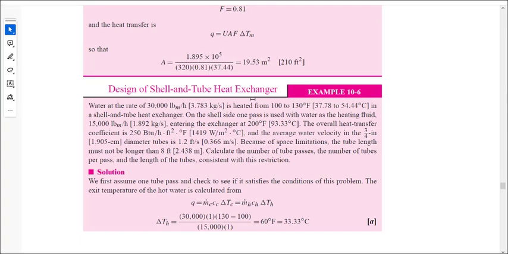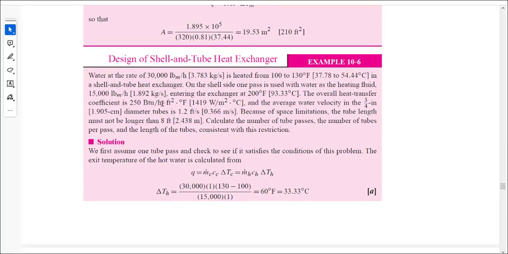It is a somewhat practical example to design a heat exchanger, shell and tube kind. So let us do it and design these heat exchangers together.